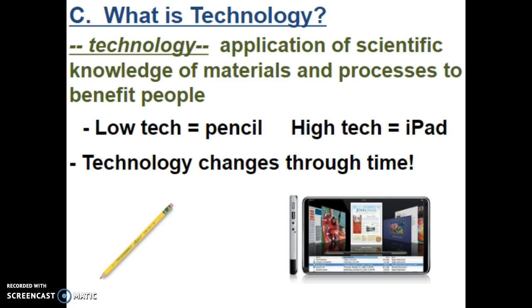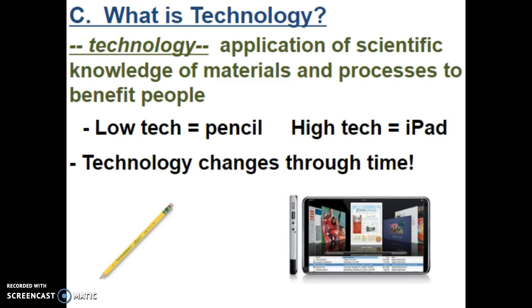So what is technology? Technology is how we apply science to make our lives better. So it's the application of scientific knowledge of materials and processes to benefit people. Now, like I said before, technology doesn't always have to be plugged in. Something that would be considered very low technology would be something like a pencil.